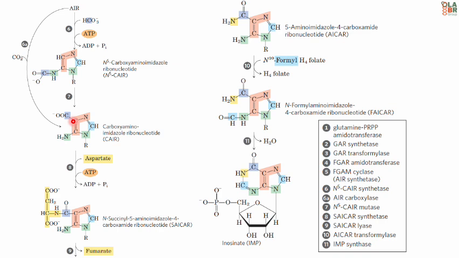In higher eukaryotes, including humans, the 5-amino imidazole ribonucleotide product of step 5 from the previous slide, so AIR, is carboxylated directly to carboxyaminoimidazole ribonucleotide, CAIR, over here, right? So in humans, we get to skip step 6 and step 7, and we can just use this 6A process over here and end up here instead.